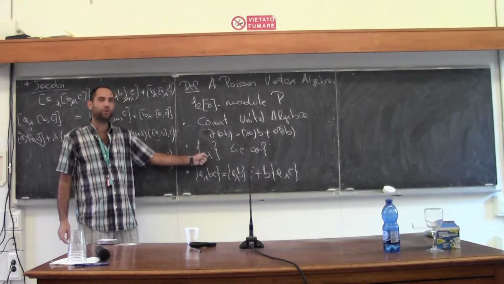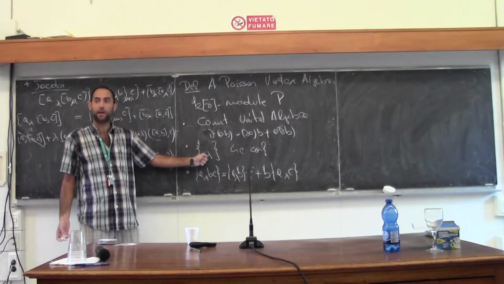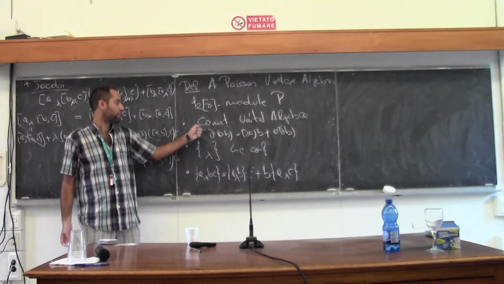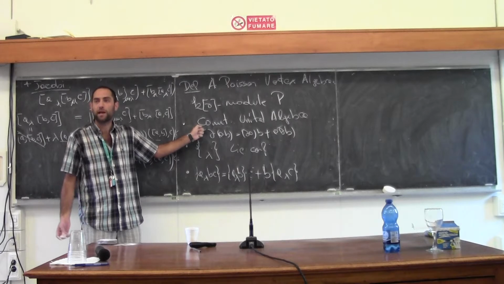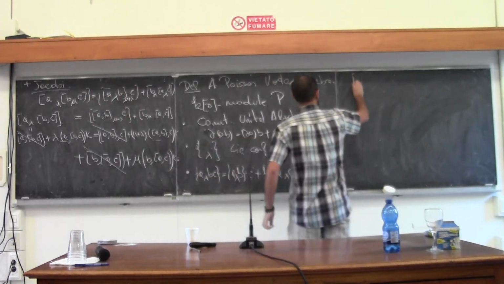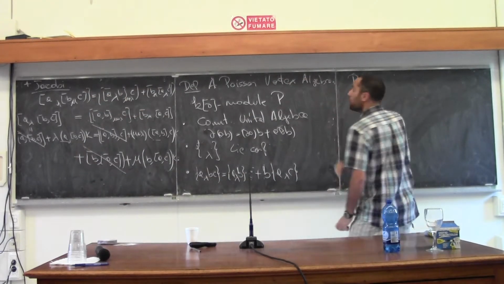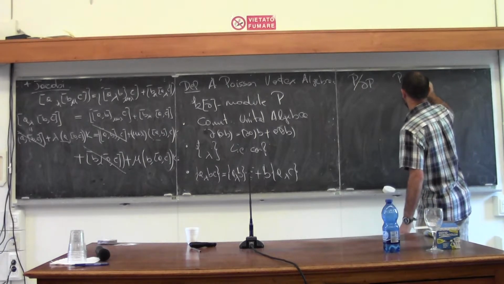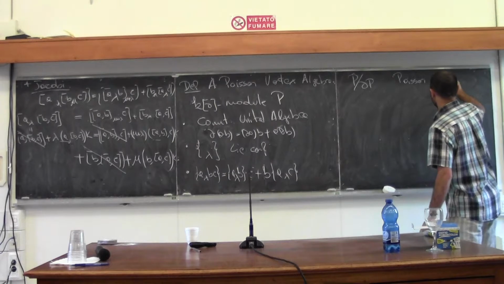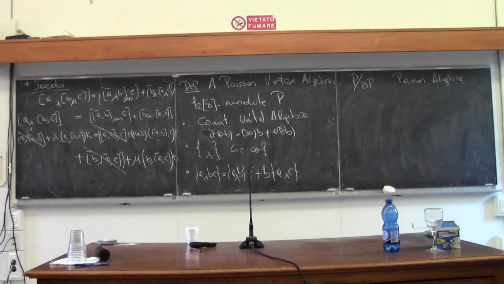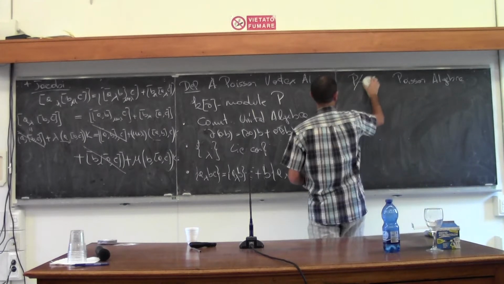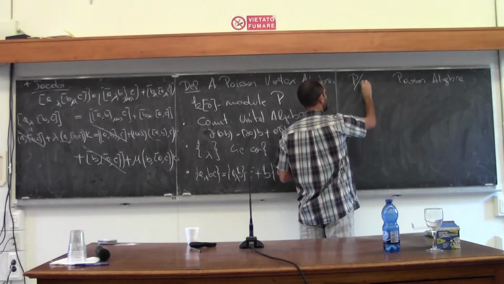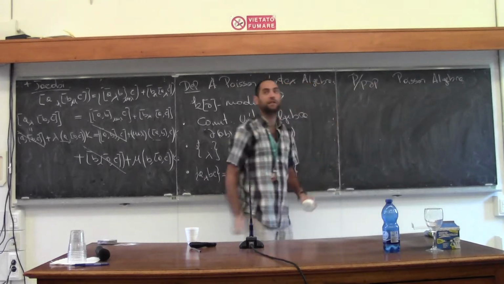And if I put lambda equal to 0 and del equal to 0 here, I get a usual Lie algebra. And if I put del equal to 0 here, I'm just getting an ideal. So P divided by del P is a usual Poisson algebra. And this is my functor. Now I'm killing an ideal. I need to kill this ideal.